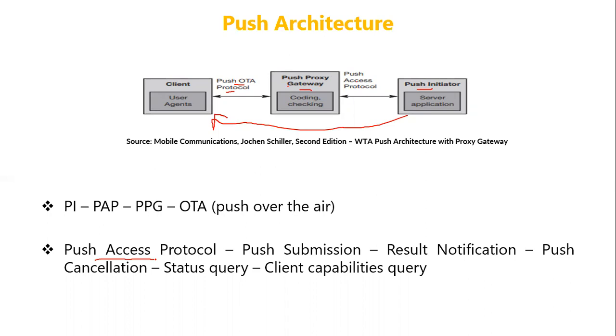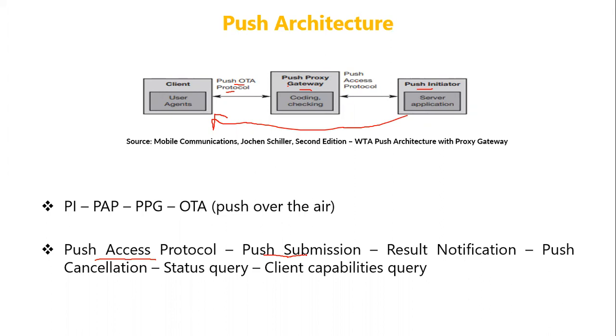So how are PAP messages transmitted? They are transmitted as HTTP POST messages, and PAP performs these operations. First, push submission. What is meant by push submission? It delivers a push message from the PI to the PPG for forwarding to a client.